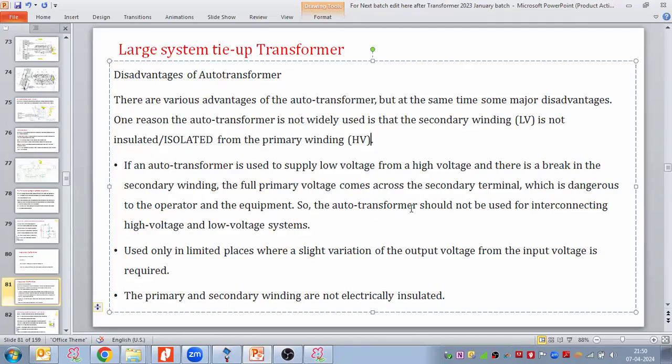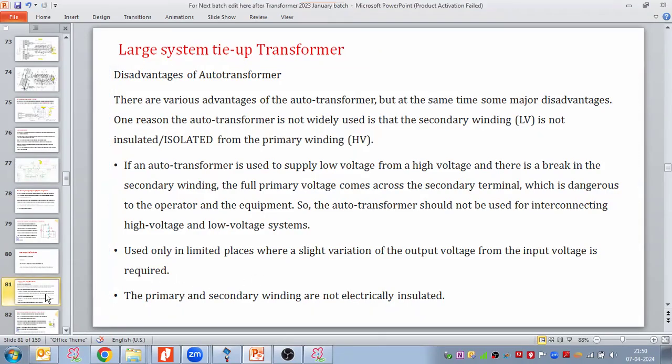So the auto transformer should not be used for interconnecting high voltage and low voltage systems. It is used only in limited places where a slight variation of the output voltage from the input voltage is required. The primary and secondary windings are not electrically insulated.